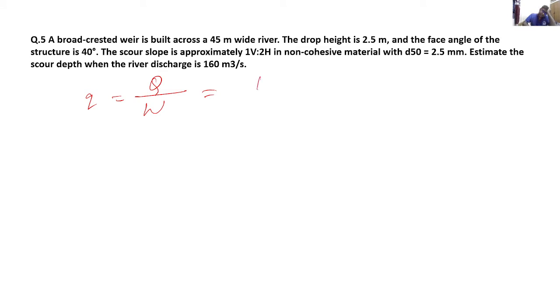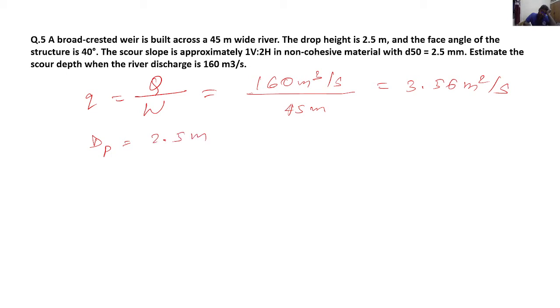So this would be 160 meter cube per second by the width of the flow, 45 meters, which will be 3.56 square meters per second. dp is 2.5 meters, that is the drop height, and the sediment representative dimension is 2.5 mm, which will be 2.5 into 10 power minus 3 meters, which is 0.0025 meters.